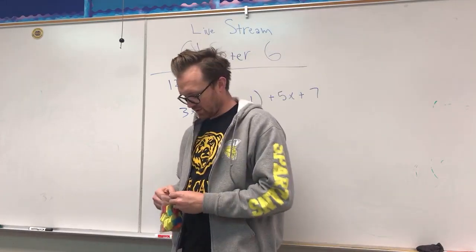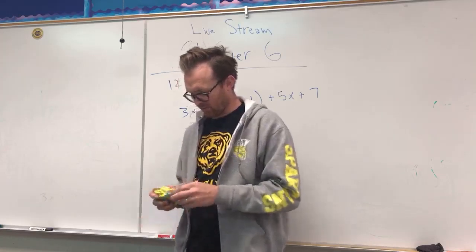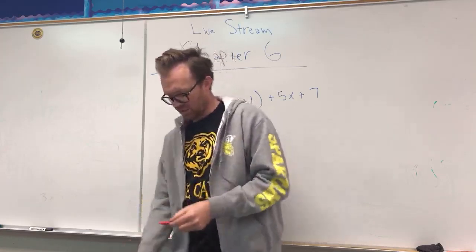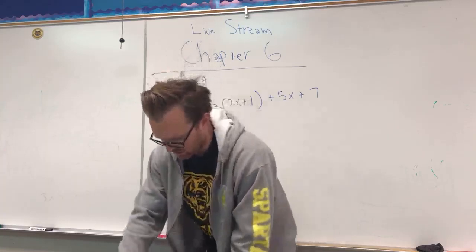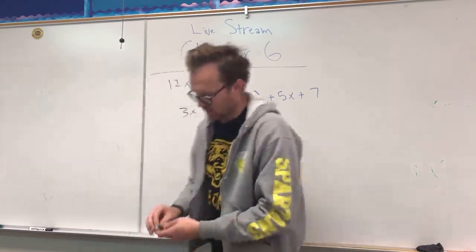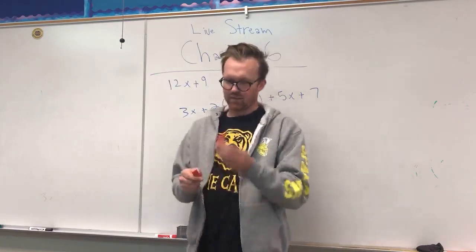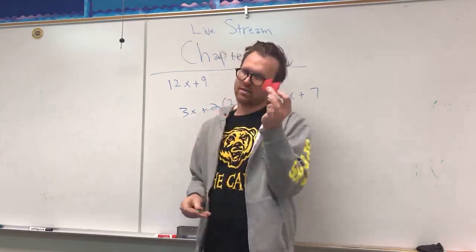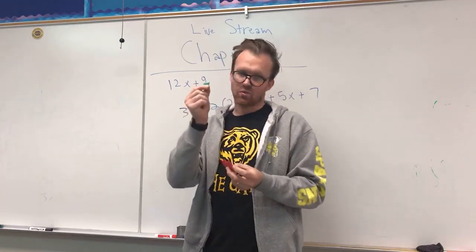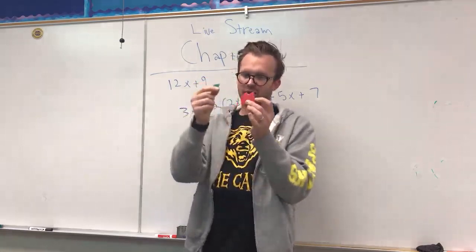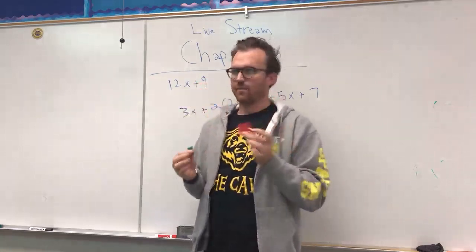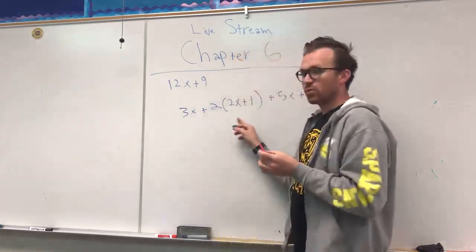I know we did it with the Easter egg hunt, but I want you really to think about if I said that these little trapezoids are worth x, like something we don't know, and this is $1, here's 2x plus 1. Right here, it says we have 2 groups of those.